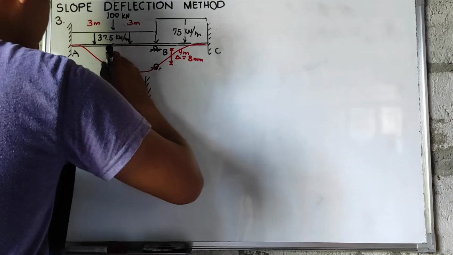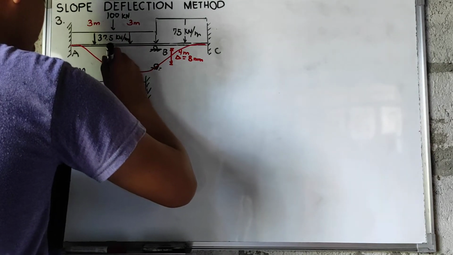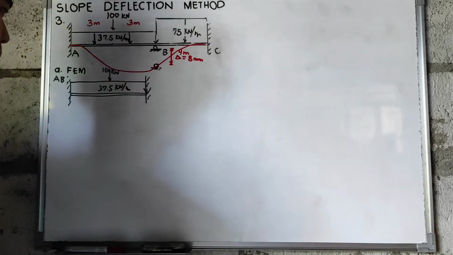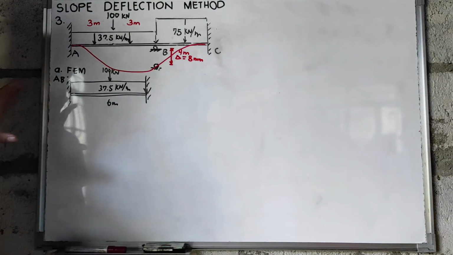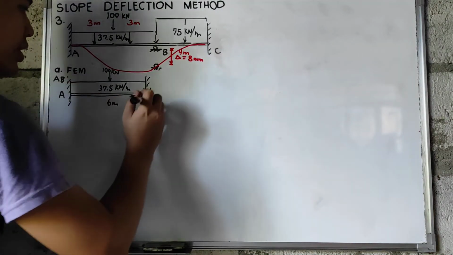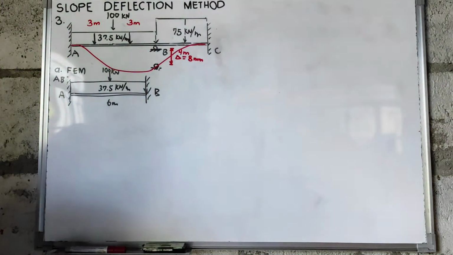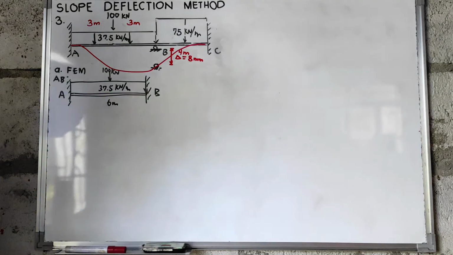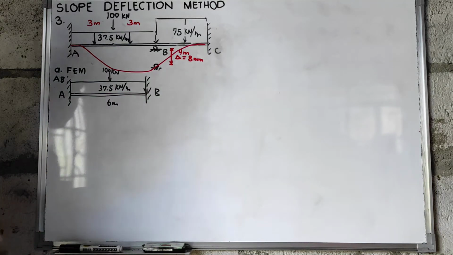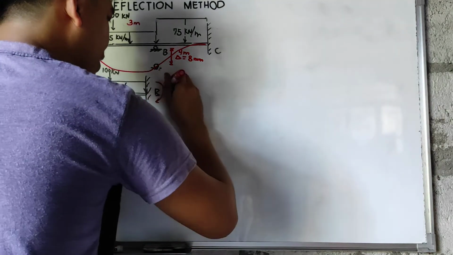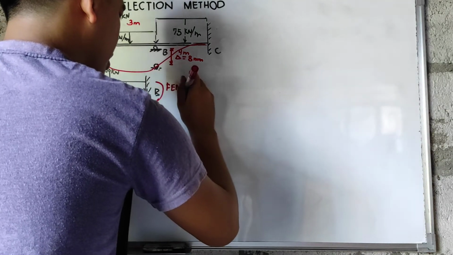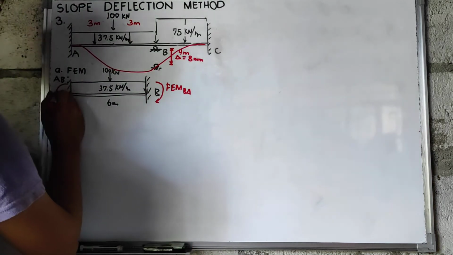Tapos meron tayong 100 kilonewton sa gitna. Yung length niya 6 meter. Since basic lang naman yung figure natin, mabilis lang yung pagkuha ng FEM. Dito sa side na to, we have yung tinatawag nating FEM-BA. And yung sa kabila, we have FEM-AB.